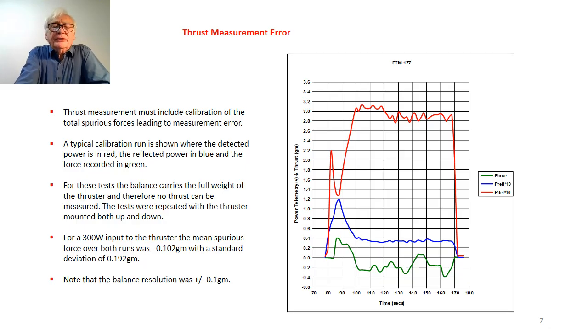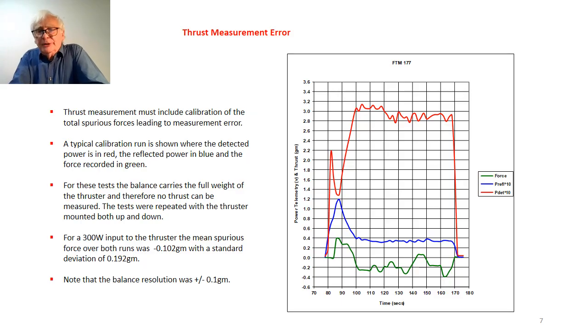So if you look at the standard deviation over this run, obviously it varies up and down a bit. You can see the green plot varying up and down around the 0 point. We got a standard deviation of 0.192 of a gram.